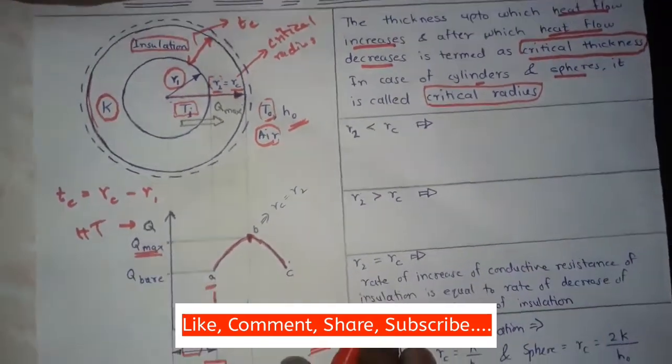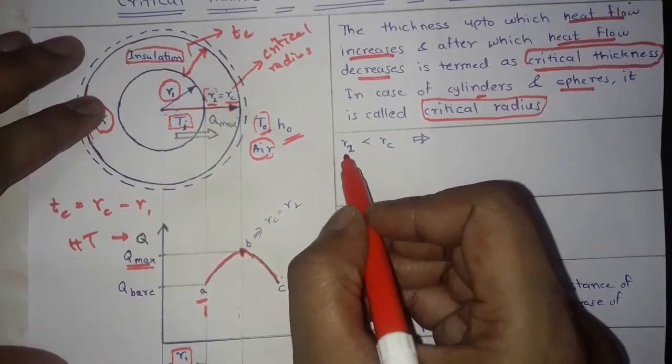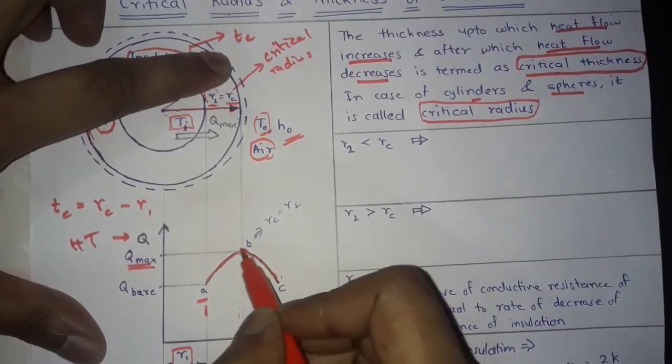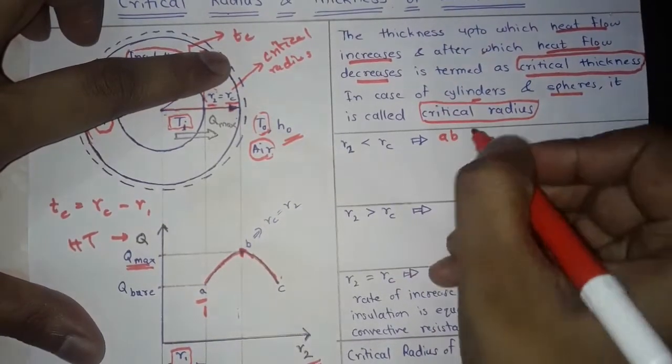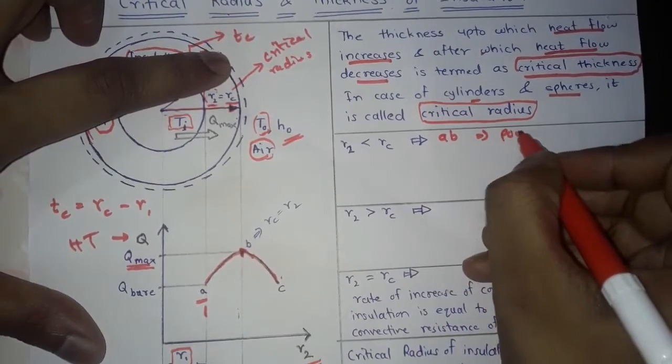As we have seen in this diagram, when r2 is less than rc, that is the portion AB, in this case we use poor insulating material.